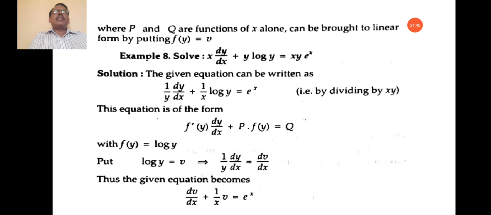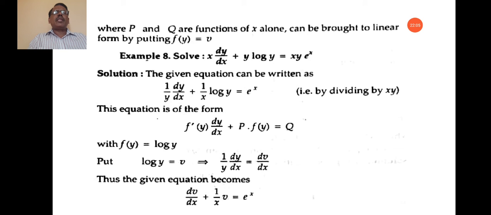So we get the standard form f dash of y into dy by dx plus p into f of y is equal to q, with f of y as log y, and its derivative is 1 by y. So here the common substitution is log y is equal to v, or f of y is equal to v.